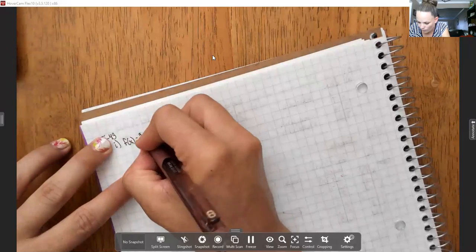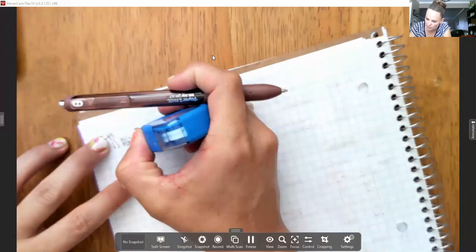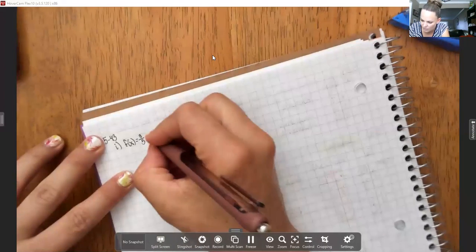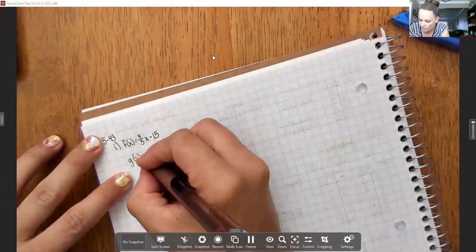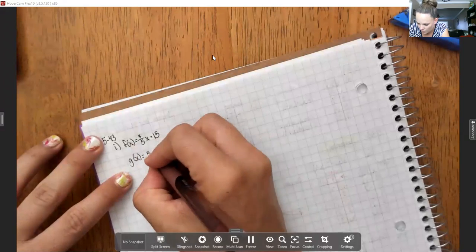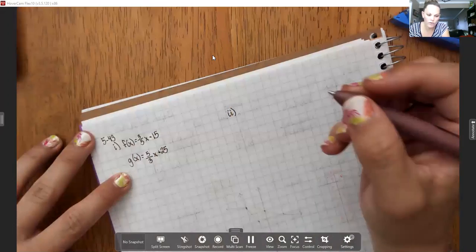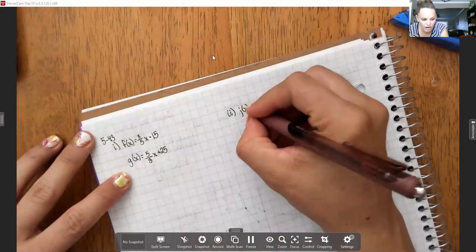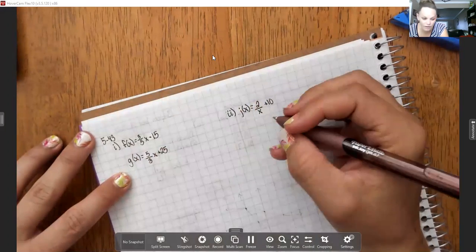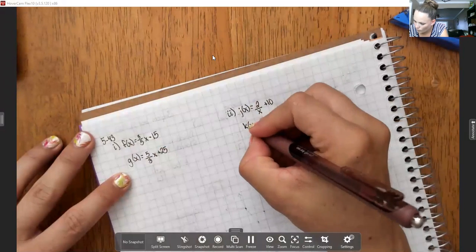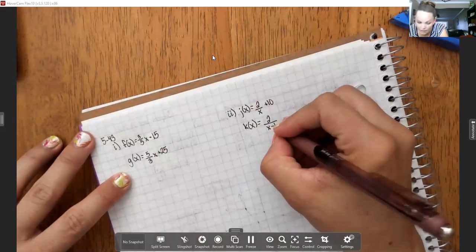Number 1 is 3/5 x minus 15 with g of x equals 5/3 x plus 25. Number 2, j of x equals 2 over x plus 10. K of x is 2 all divided by x minus 10.